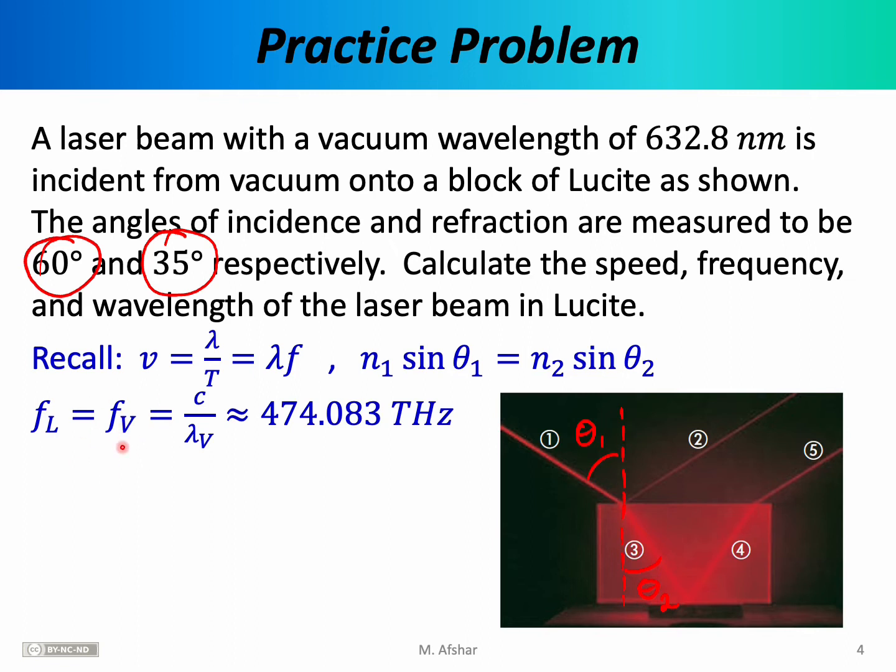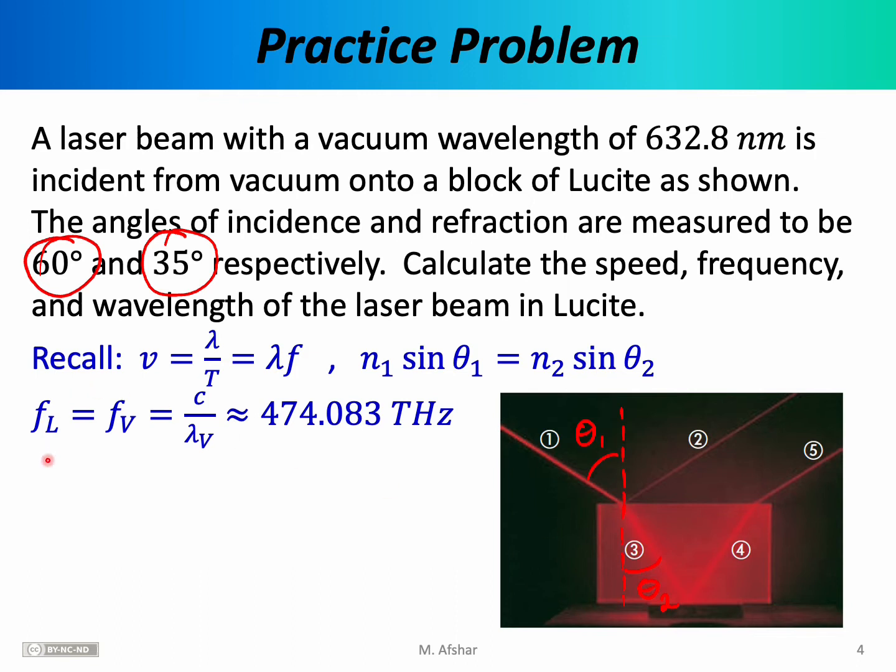The frequency does not change because the electromagnetic fields in vacuum force the charged particles in lucite to oscillate with the same frequency. When those charged particles begin to oscillate, they in turn generate electromagnetic waves that have the same frequency. So we say that the source frequency is equal to the frequency of the electromagnetic waves.